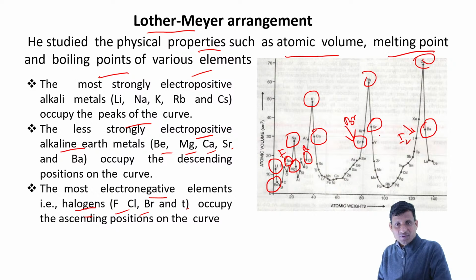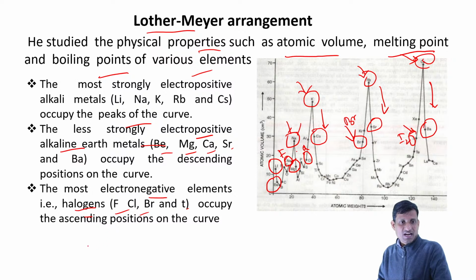So we could see three points: the most electropositive elements, the alkali metals, have the highest volume; the relatively less strongly electropositive elements, the alkaline earth metals, are in a descending position after the alkali metals; and the halogen group elements are in the ascending position.